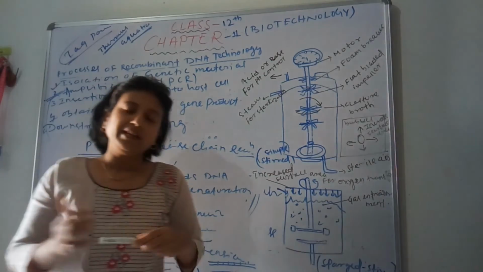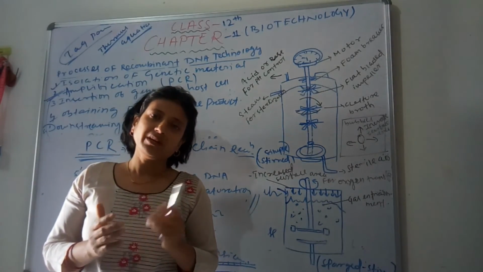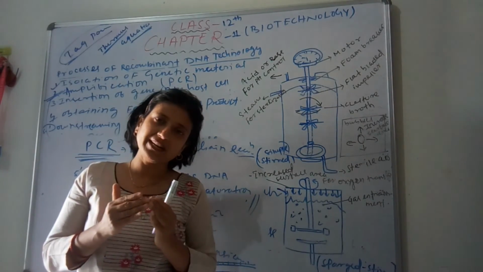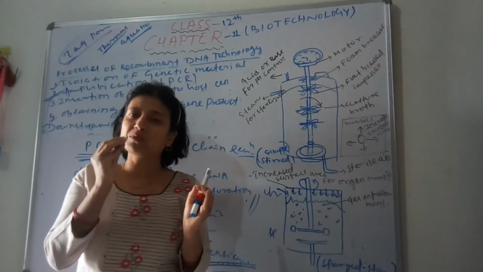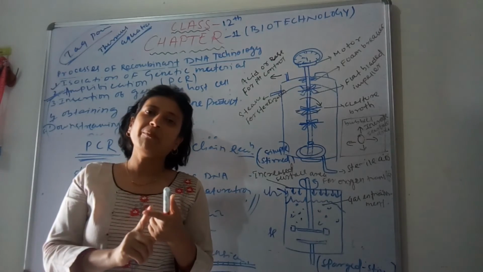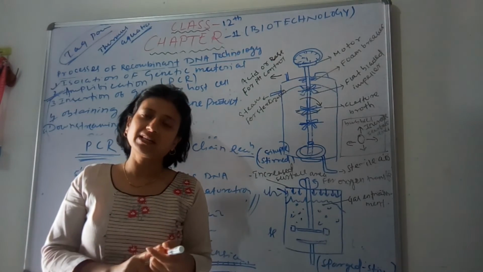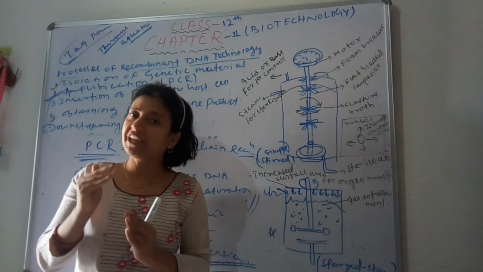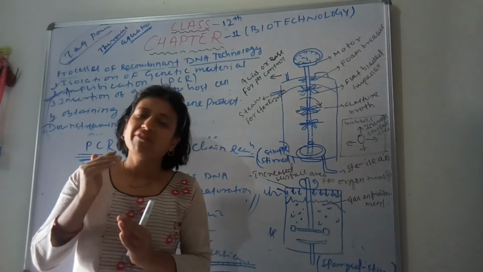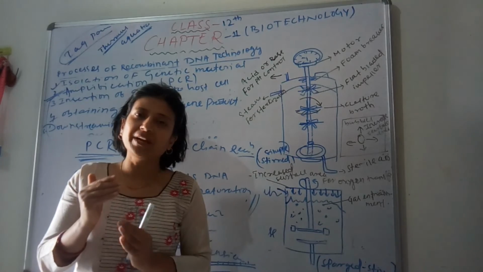So here our main motive is, we are studying about recombinant DNA technology, but our last motive is to produce a recombinant protein, because recombinant DNA can't work without recombinant protein. So for expression of recombinant DNA, we need to find a recombinant protein.